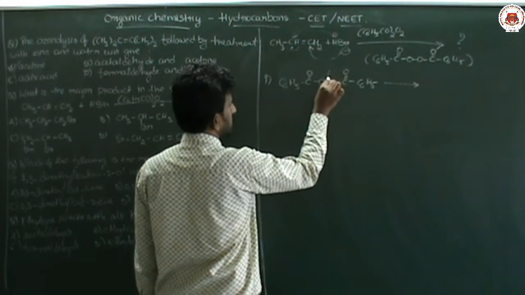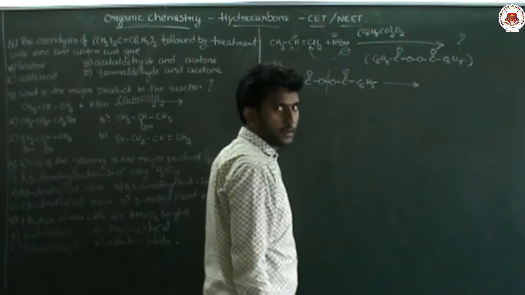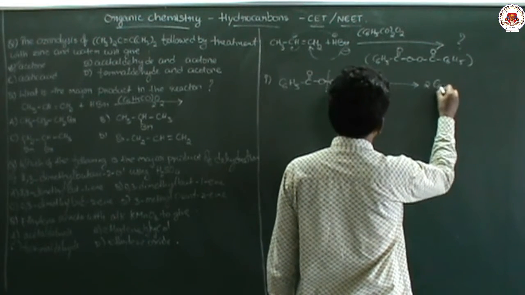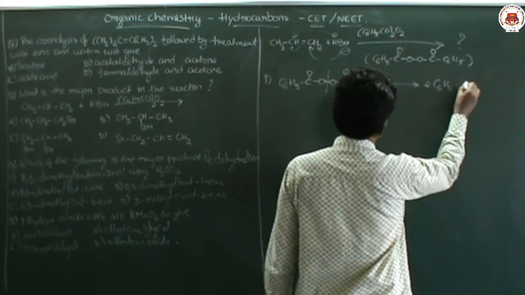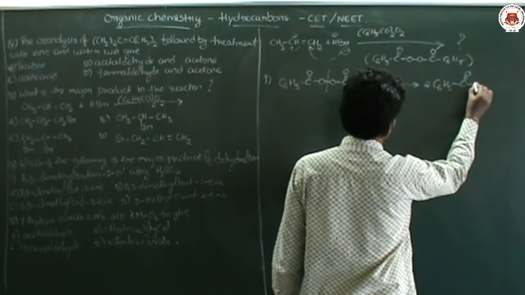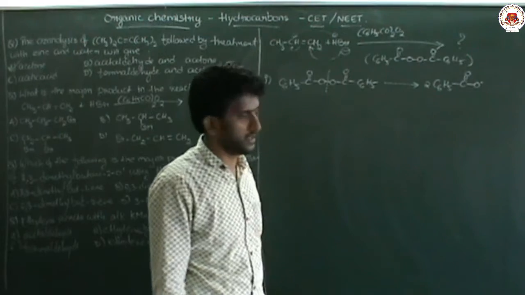Homolytic cleavage takes place at the peroxy-oxygen linkage. So you get here two molecules of C6H5 C=O O, benzoyl free radicals.